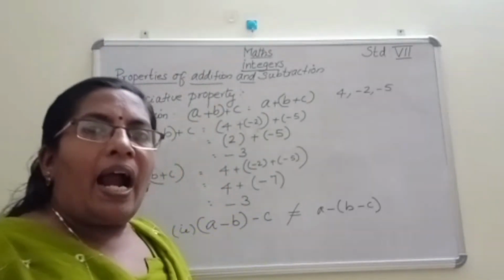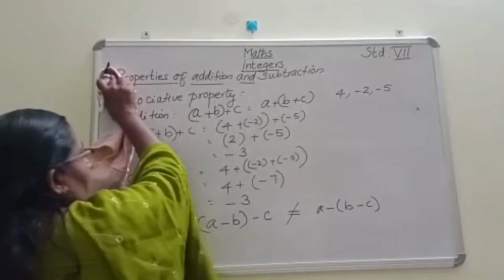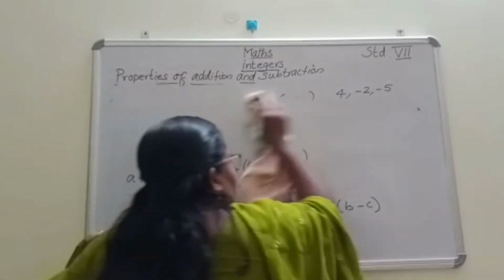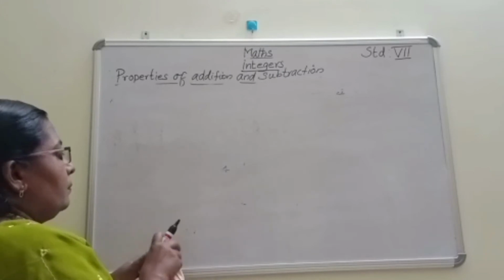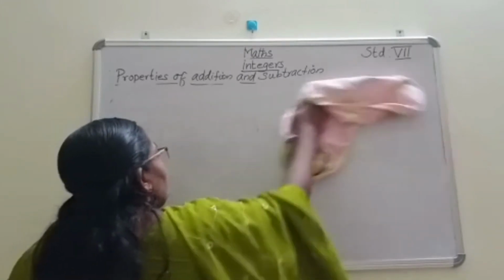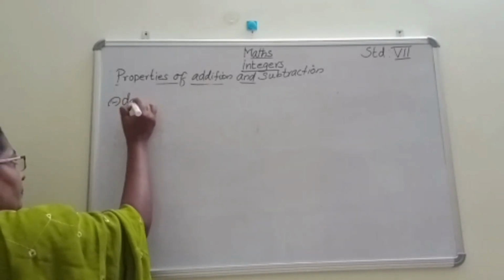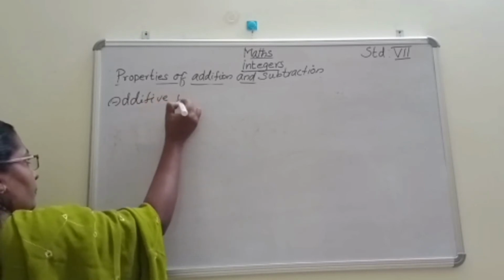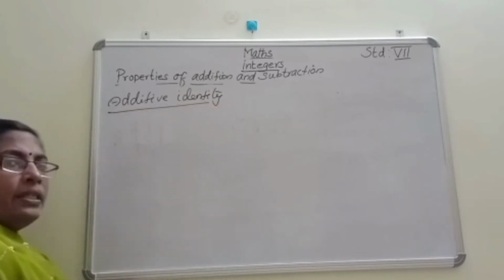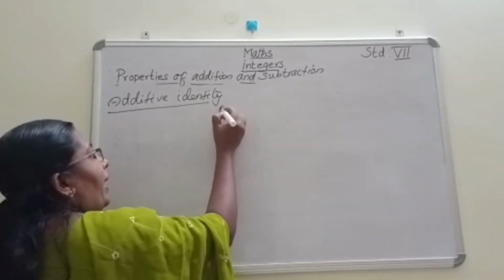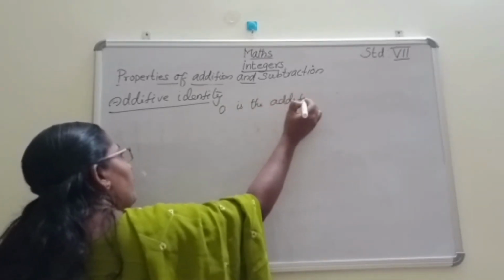Next is additive identity. Here 0 is the additive identity.